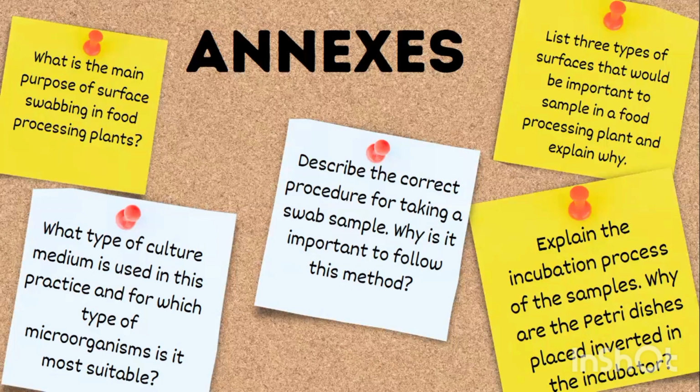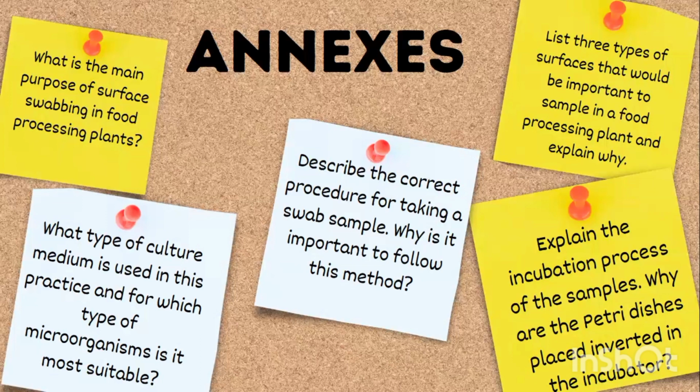and safe for consumption. Okay, the next question is, what type of culture media is used in this practice and for what type of microorganisms is it best suited? In this practice, selective and differential culture media, such as nutrient agar or blood agar, which promote the growth of specific microorganisms and allow their identification, are used.